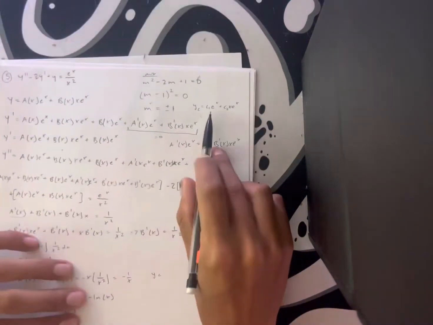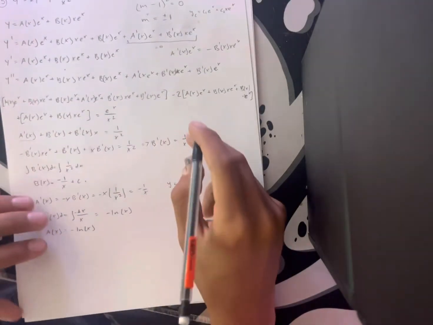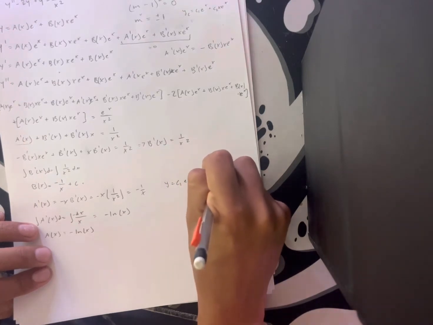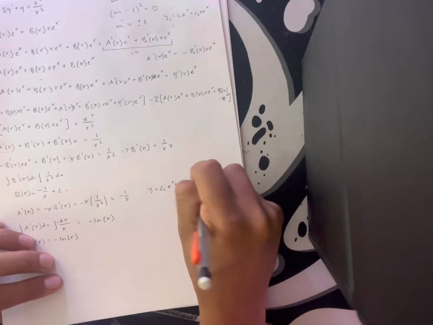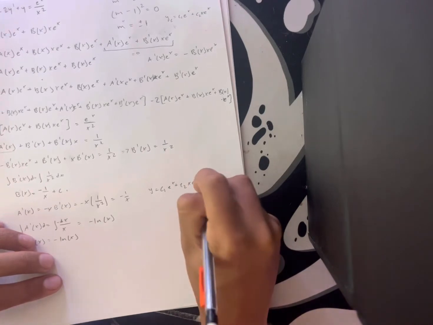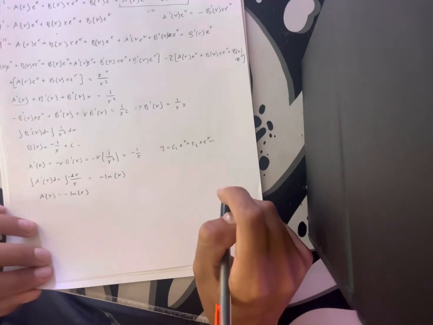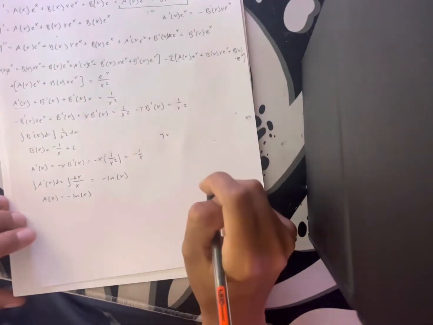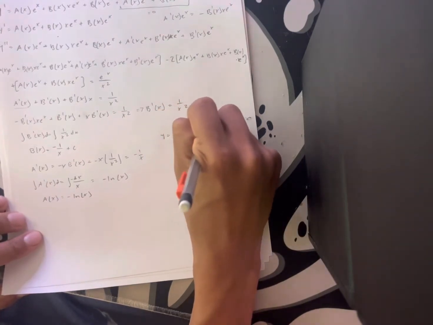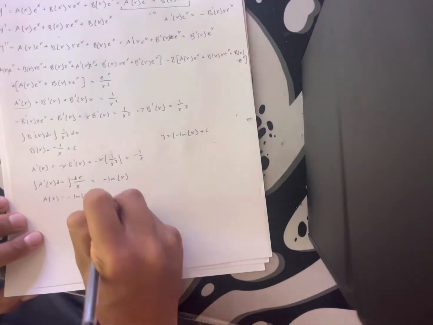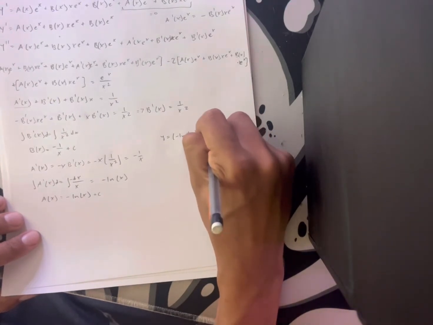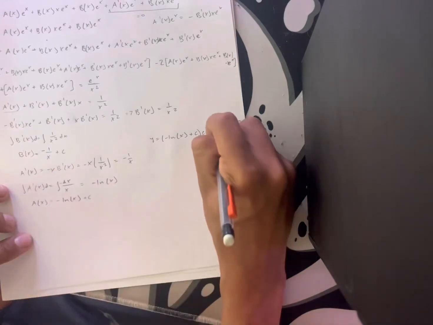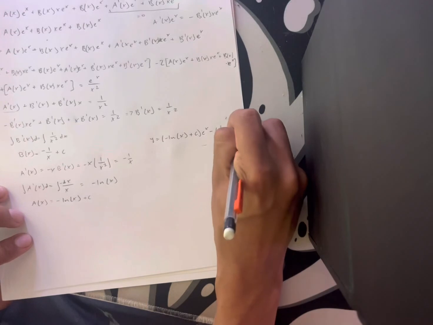So using the general solution, which is c1 e^x plus c2 x e^x, and then we're going to add negative ln x plus c, which would be multiplied by e^x, minus, and the minus is from the negative 1 over x, x times e^x.